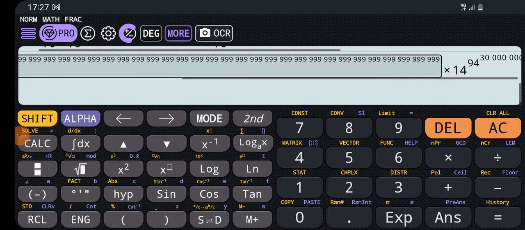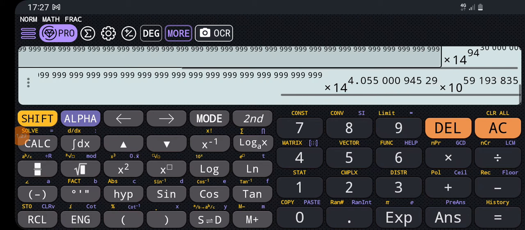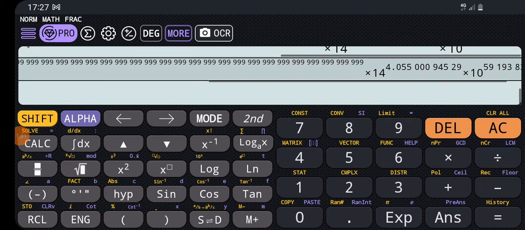The number gets so huge that I have no idea how big this thing gets. Look at this answer here, bruh. Now listen up, my ladies and gentlemen.